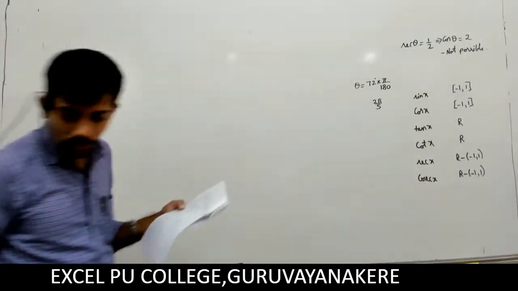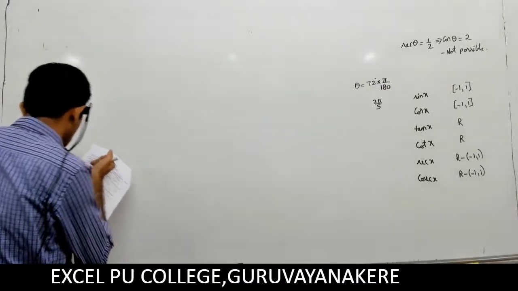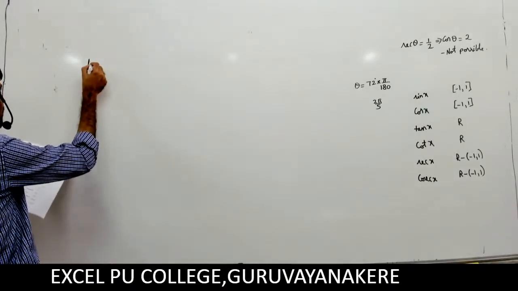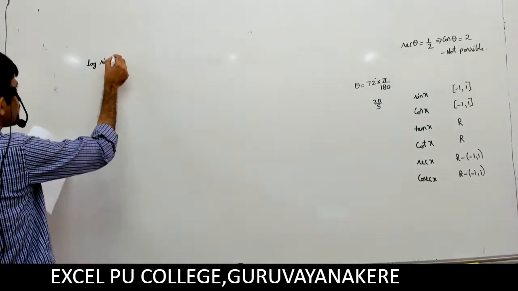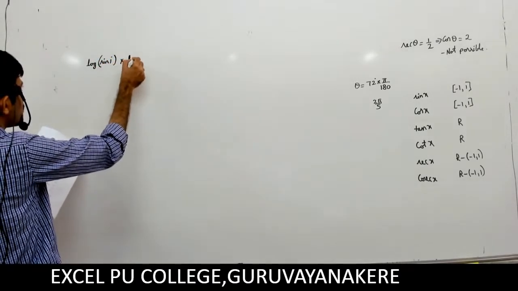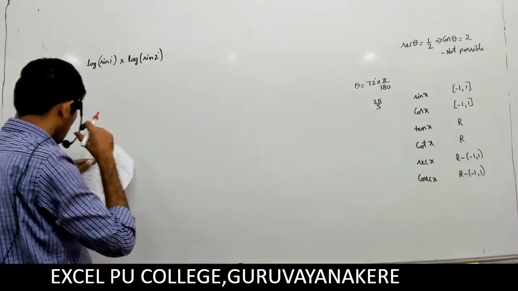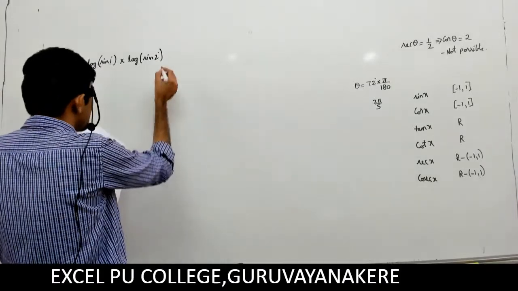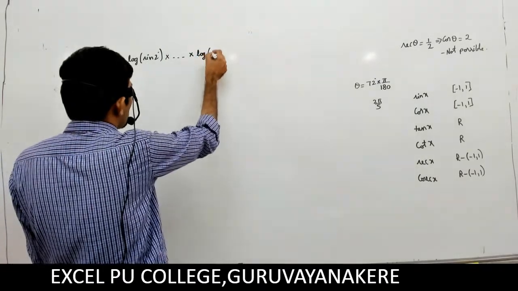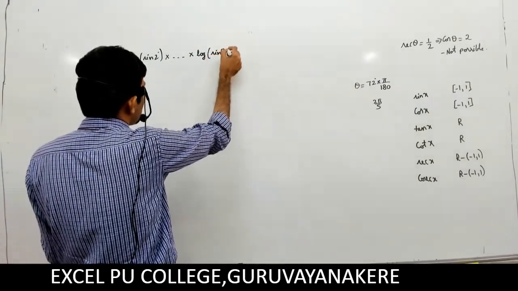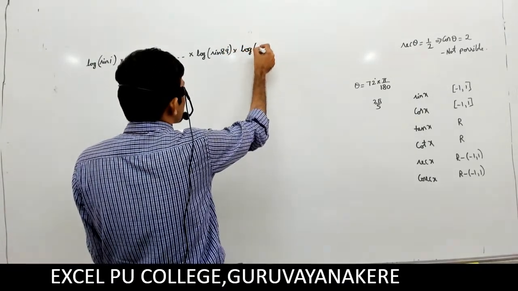Next question, number 4. To find the value of log of sine 1 degree into log of sine 2 degree, etc., log of sine 89 degree into log of sine 90 degree.